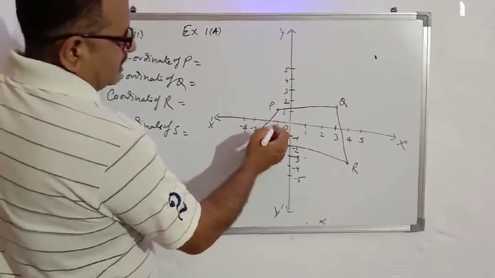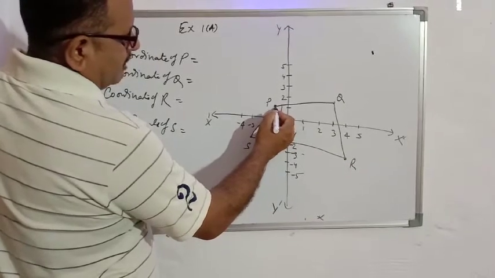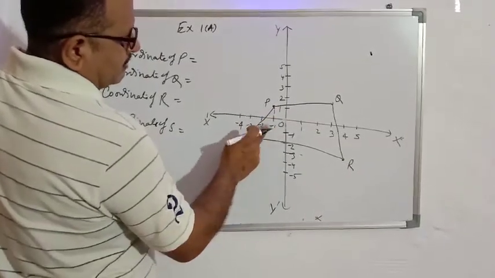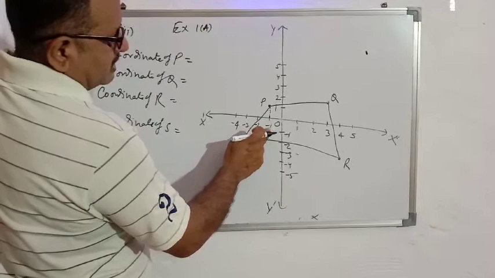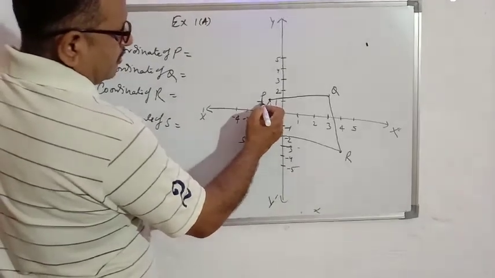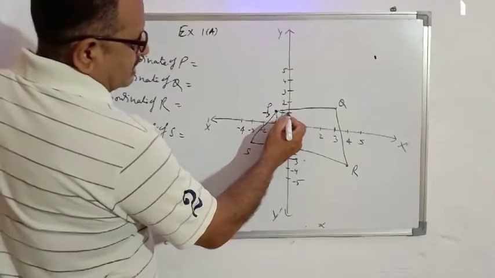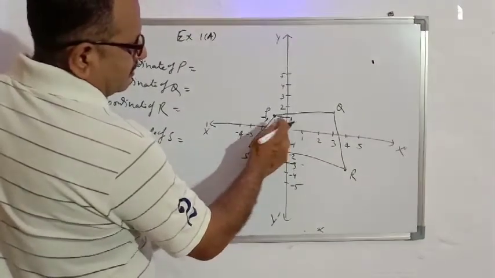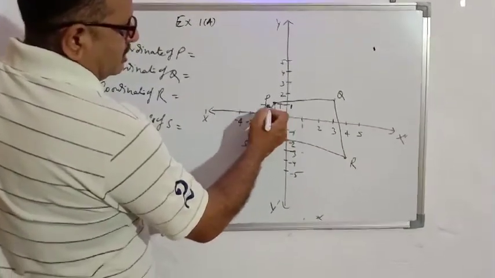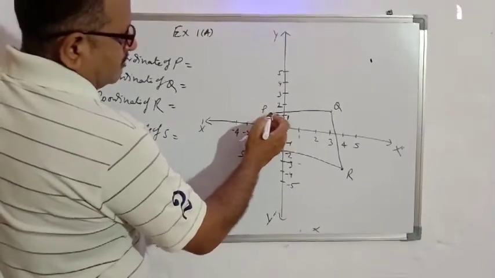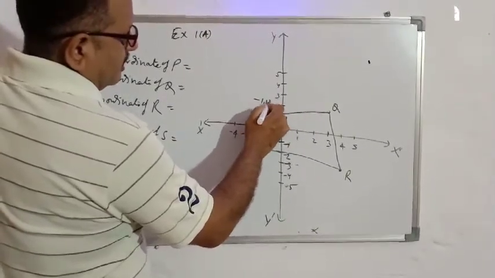See, point P is here. We will draw the perpendicular from P. It meets at -1. It means its x coordinate is -1. Draw the perpendicular from P on the y axis. It meets at 1. So the y coordinate is also 1. So what will be the coordinate of P? (-1, 1).